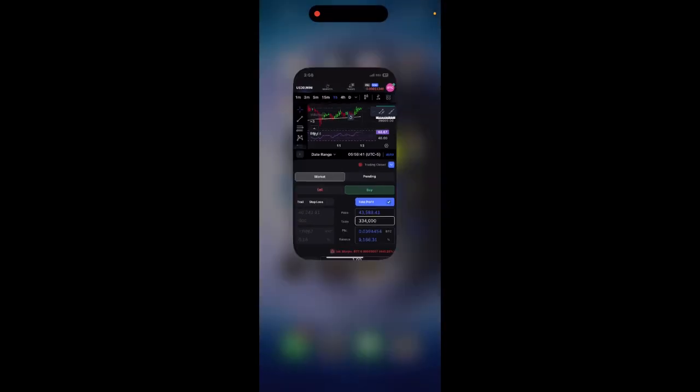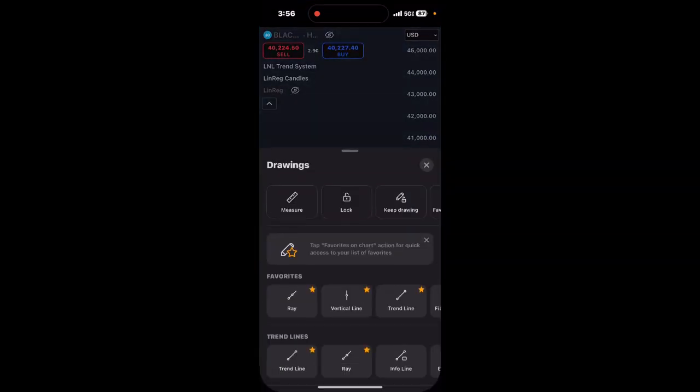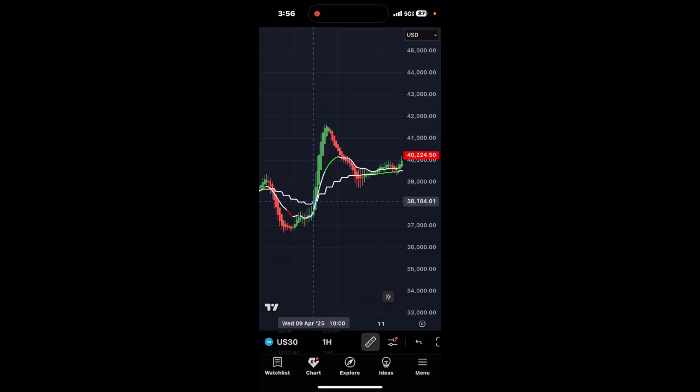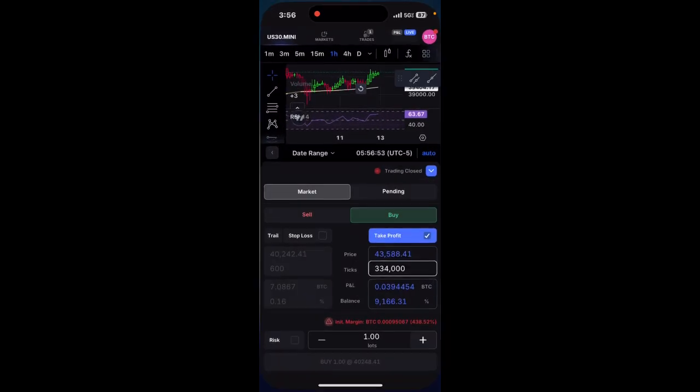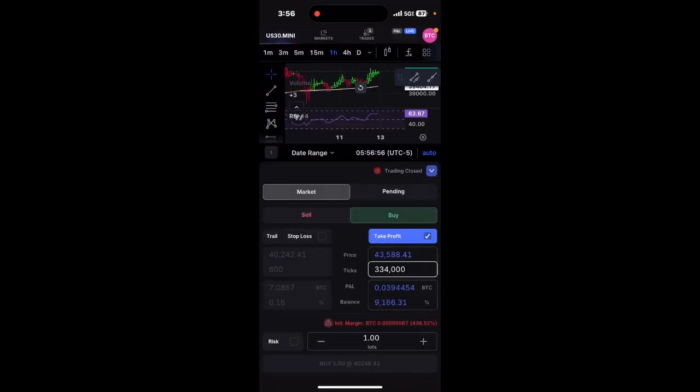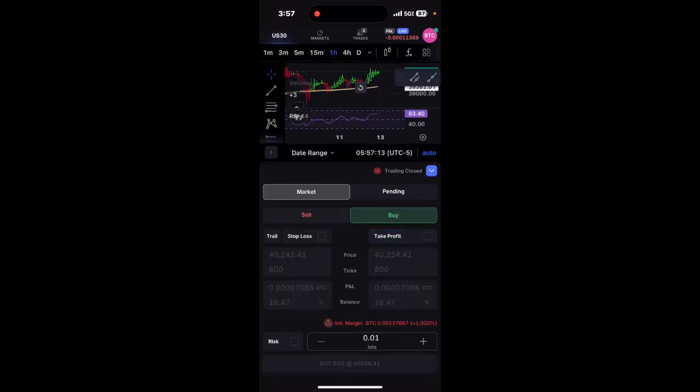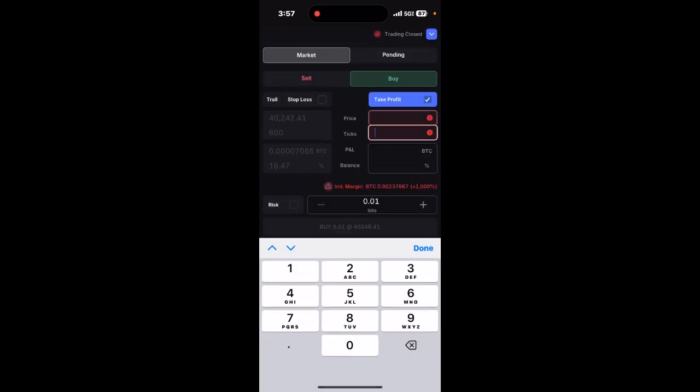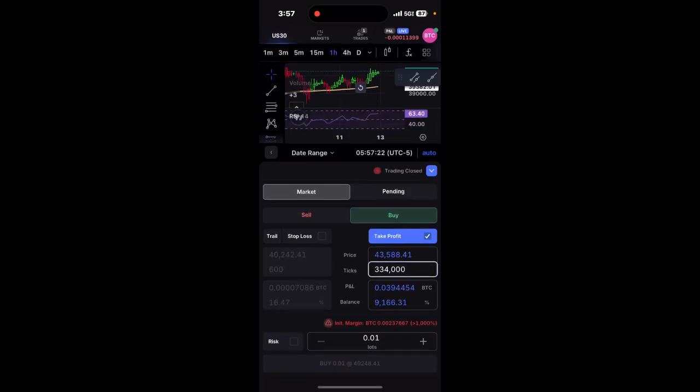But that same number in this trade, this move right here, about 334,000 ticks, will return you 0.039 at 100x. So at $1 here with the mini, it's the same thing as doing the US30 at 0.01.